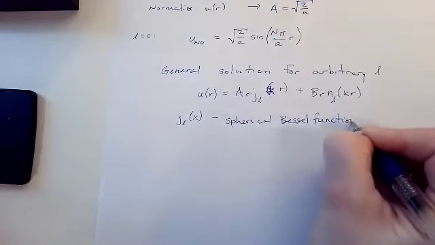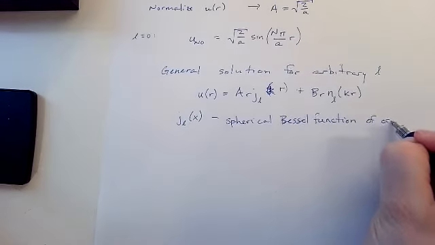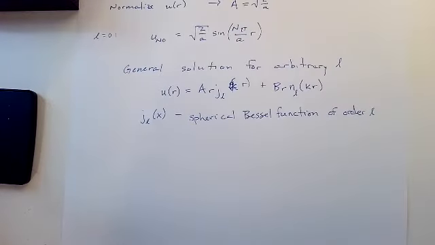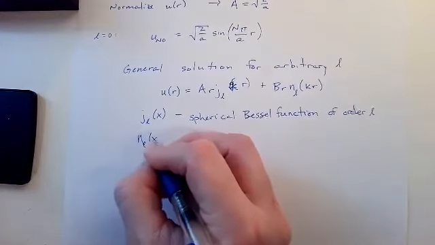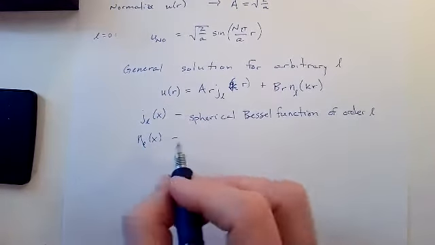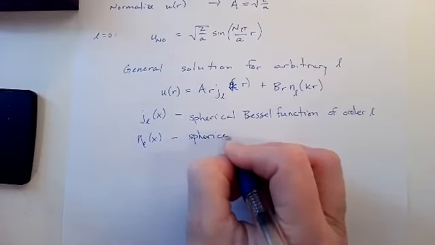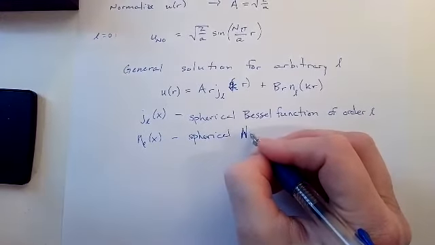Now it's a spherical Bessel function of order L. And n_L with the argument x is going to be a spherical Neumann function. I guess I've got to capitalize his name as well.